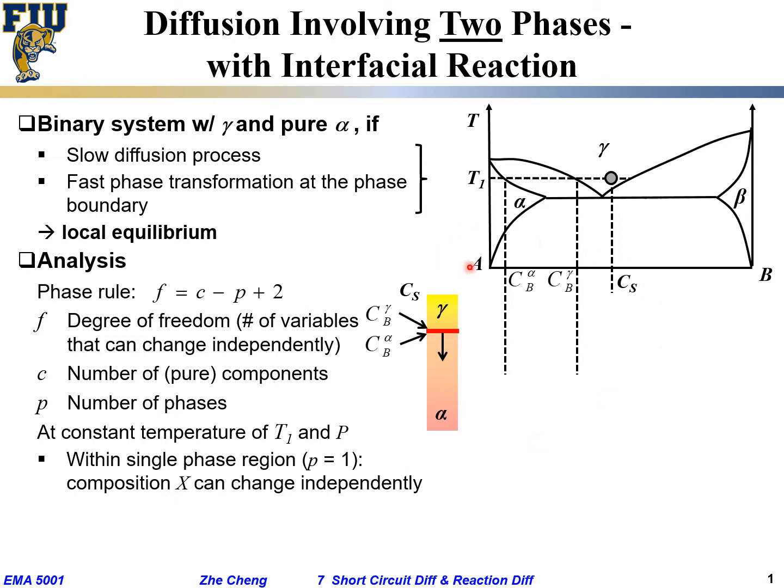From pure A to pure B, molar fraction of B can change independently. Can change independently or continuously. Okay? Within the single phase region. What does that mean? It means, if I'm looking at this within pure alpha phase, at this temperature, at 1 atmosphere, the composition within this alpha across this material can change what?